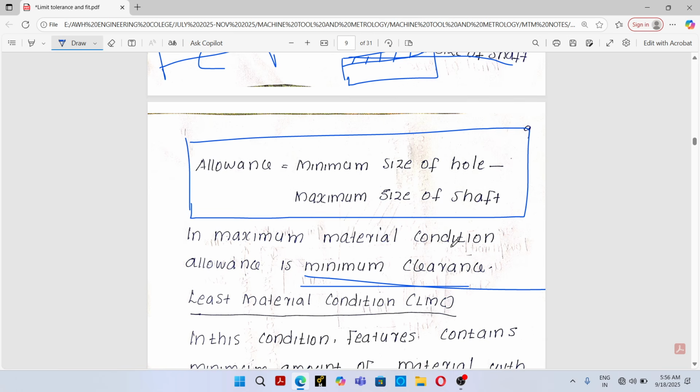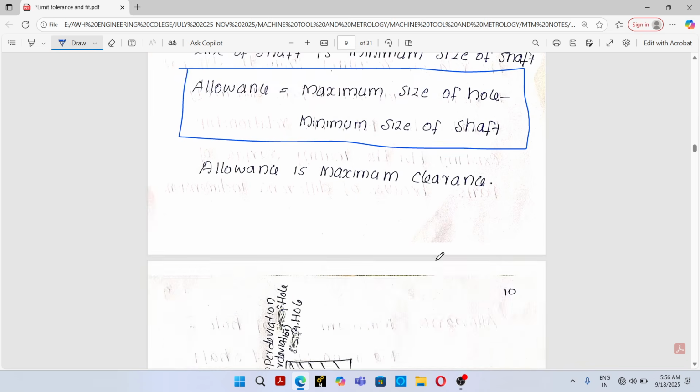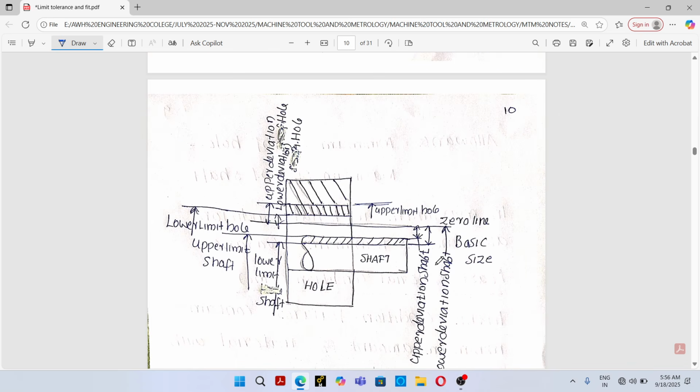So least material condition of hole is maximum size of hole and least material condition of shaft is minimum size of shaft. So in this case allowance is defined as maximum size of hole minus minimum size of shaft. Here the allowance is maximum clearance. Okay, so ഇതാണ് maximum metal condition അല്ലെങ്കിൽ minimum metal condition എന്ന് പറയുന്നത്.